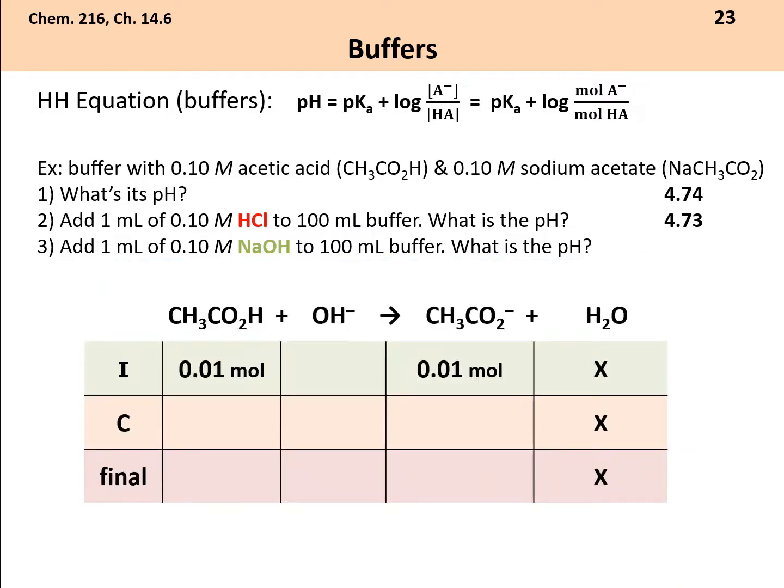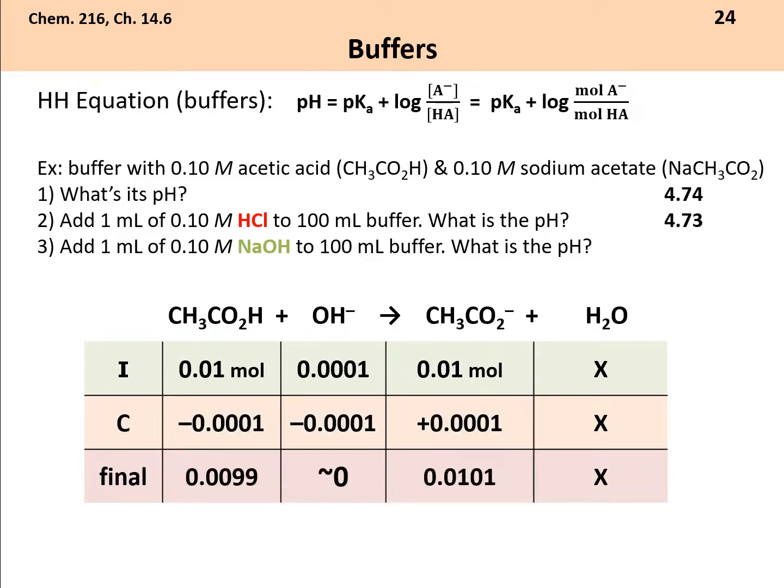Here it is on the screen. I start off with my moles of each. I figure out how they change, and the key is that in buffers, when I add an acid or a base, it all goes away. Okay. And then I end up with my final concentrations of my acid and my base that are in the buffer, right?